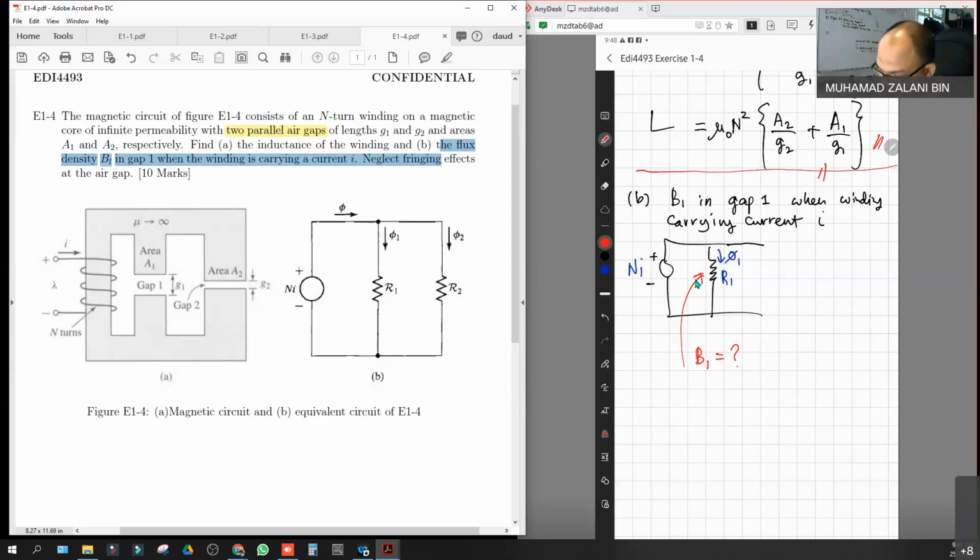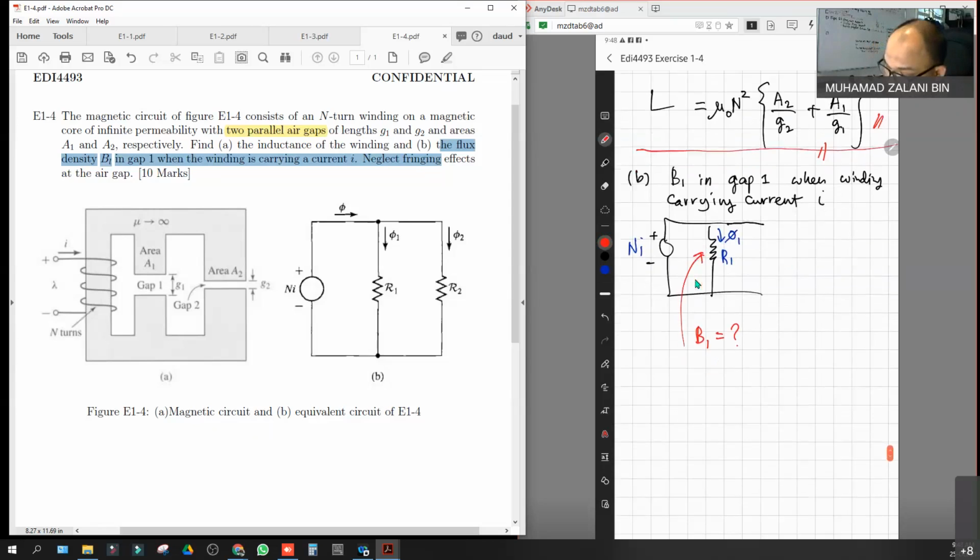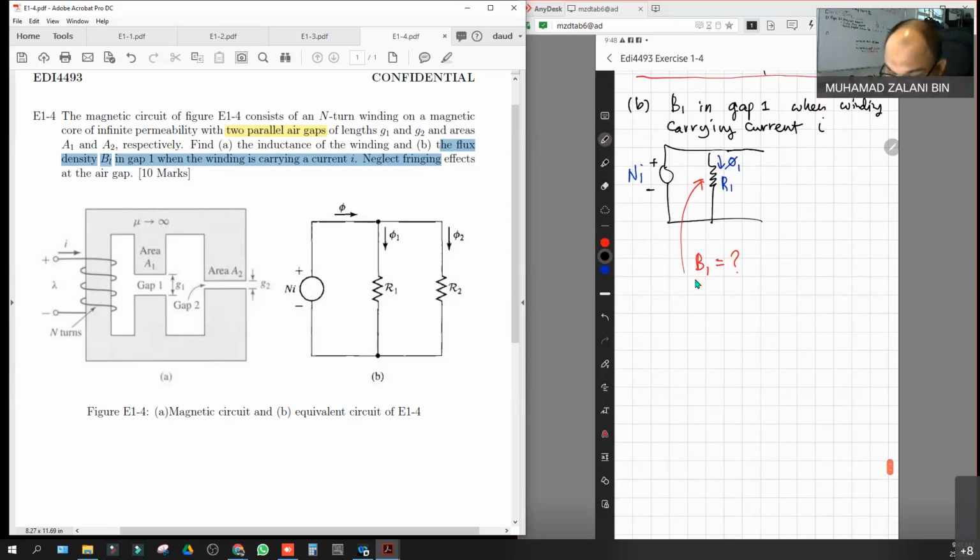Okay. So simply we can use some equation that relates MMF and reluctance. For example, we can first write down phi is F by R1, which is Ni divided by R1. Right?